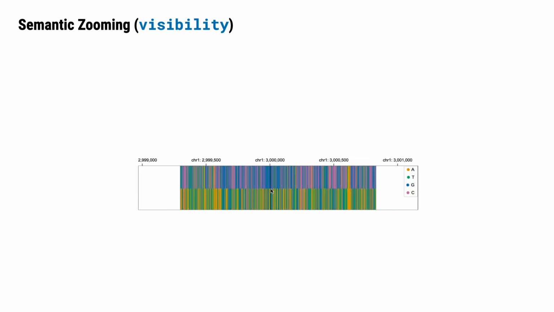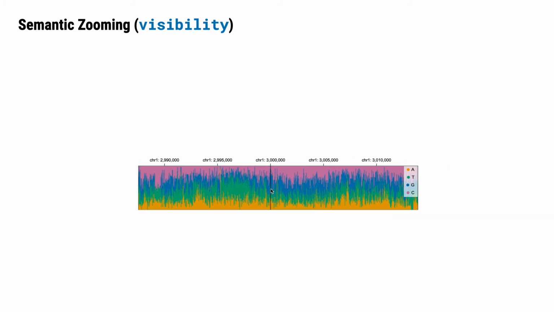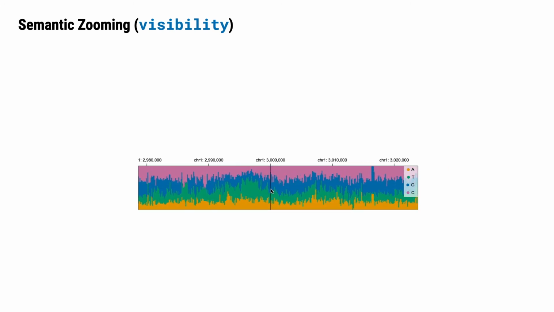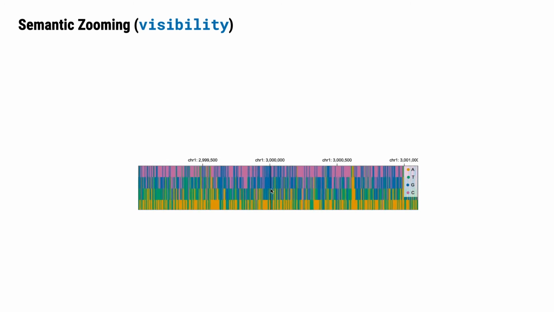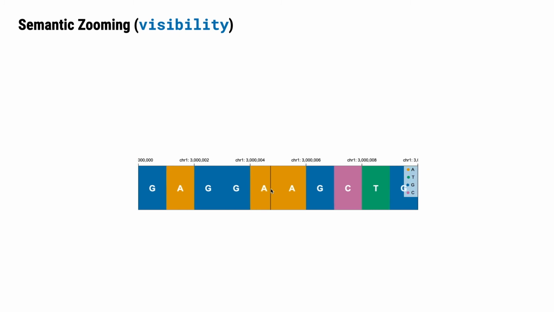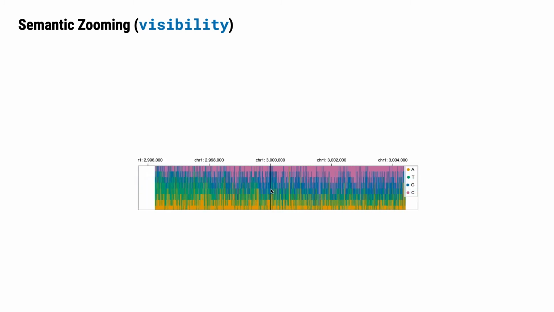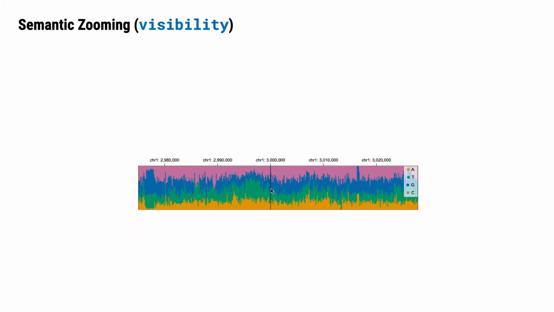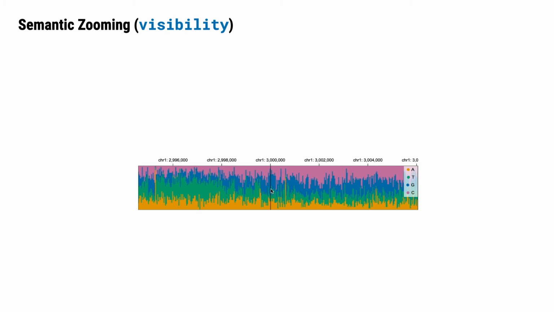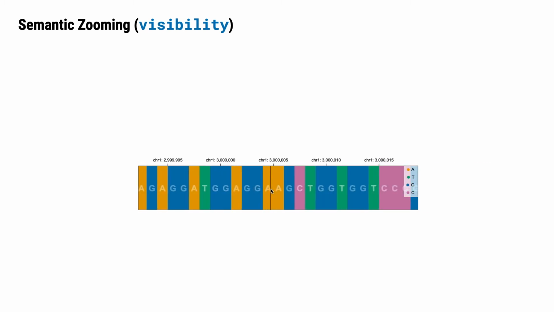The last but important part of the grammar is semantic zooming. As mentioned before, it is important to make visualizations adaptable based on zoom level. For example, users can create a regular sequence plot that shows individual nucleotides using text labels. However, because such information cannot be shown in detail at a lower zoom level, users can make it hidden when zoomed out.